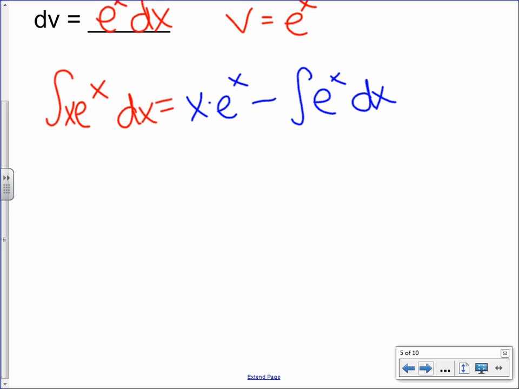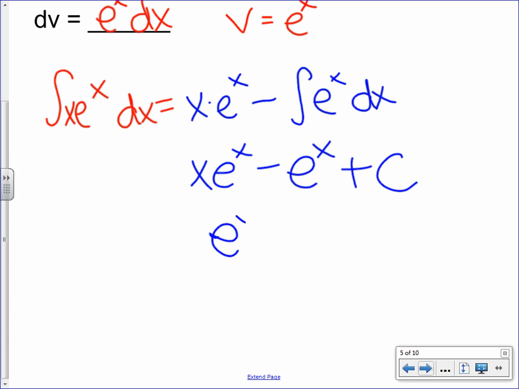Which is what? Oh wow, brilliant. Okay, now what did Graham just do? He backed up e to the x as well. E to the x times x minus 1 plus c. Sure, I like it.